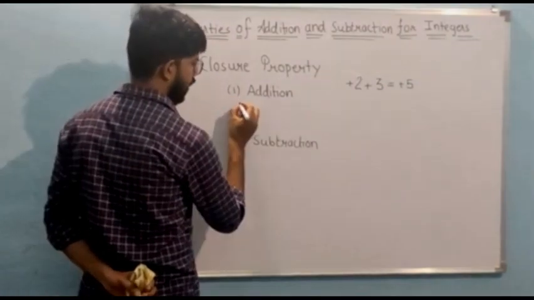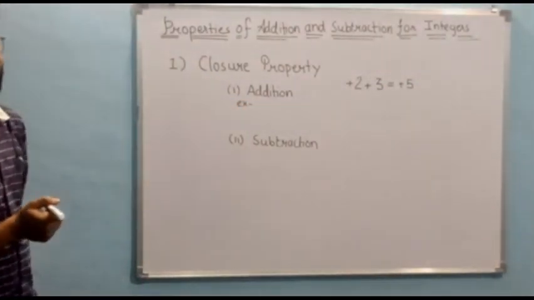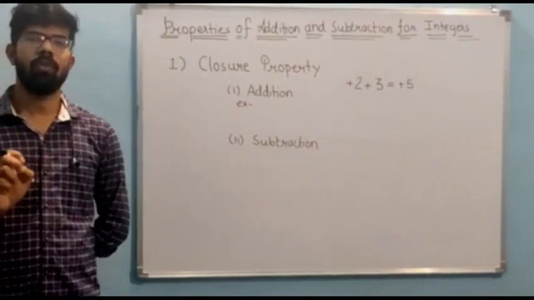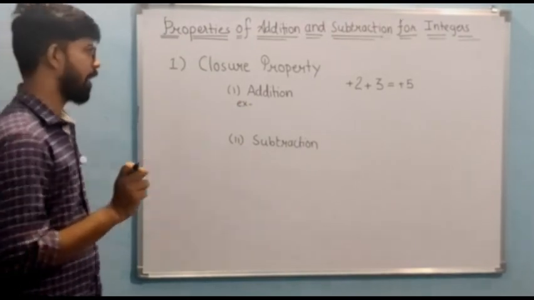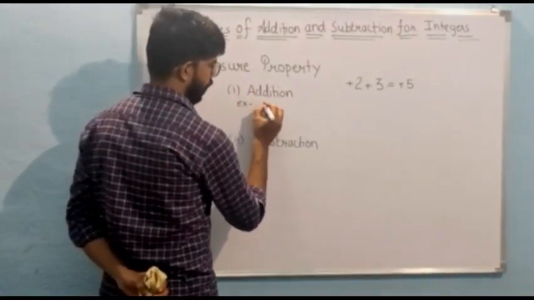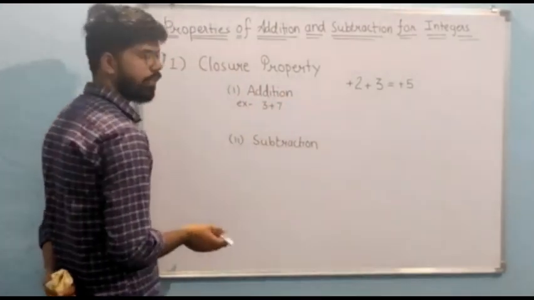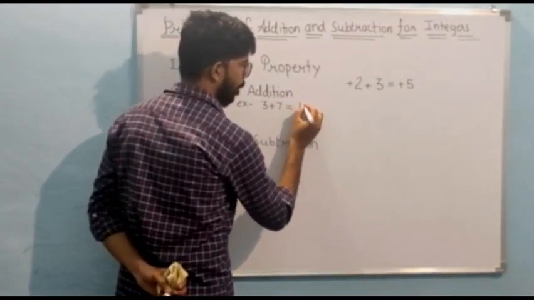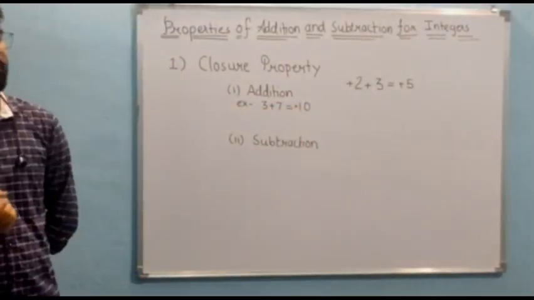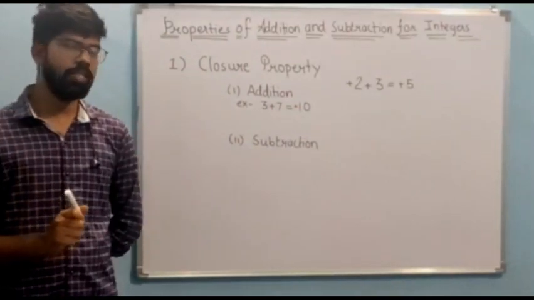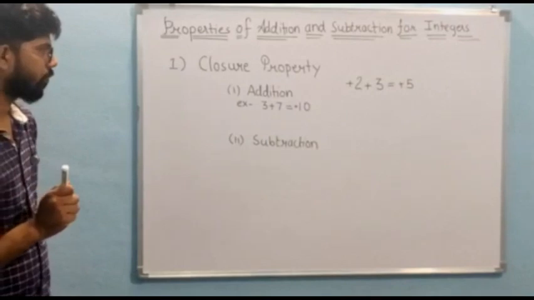Now we have to check the closure property under addition. Do integers follow the closure property under addition or not? Take an example: 3 plus 7, what do we get? We get plus 10. Here 3 is an integer, 7 is also an integer, and plus 10 is also an integer.